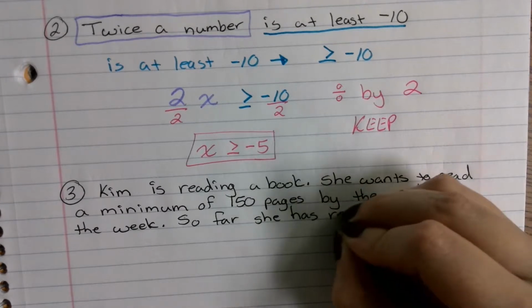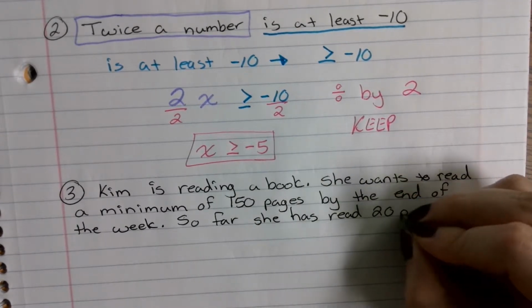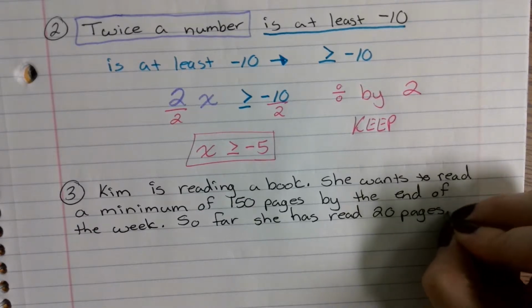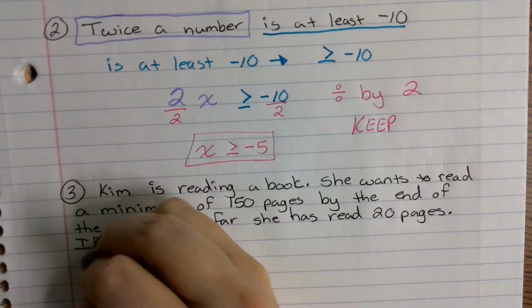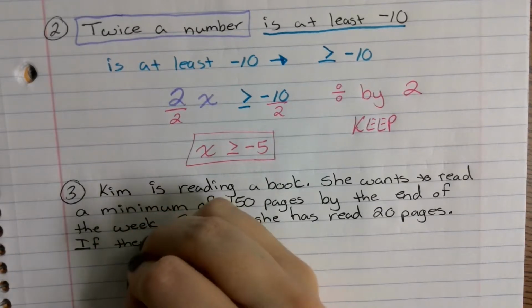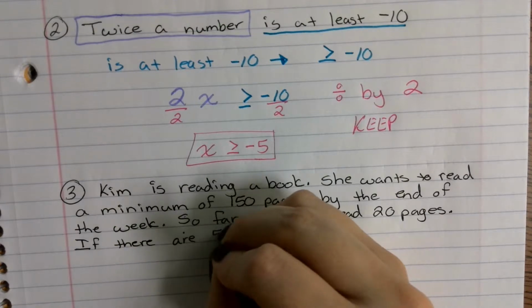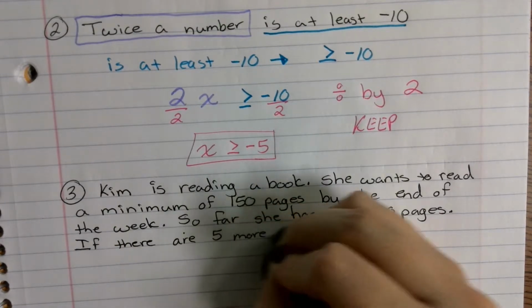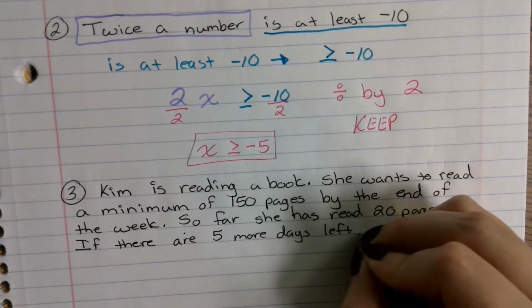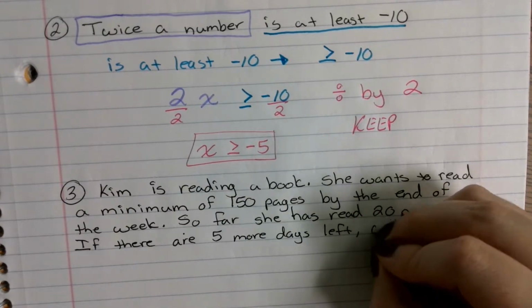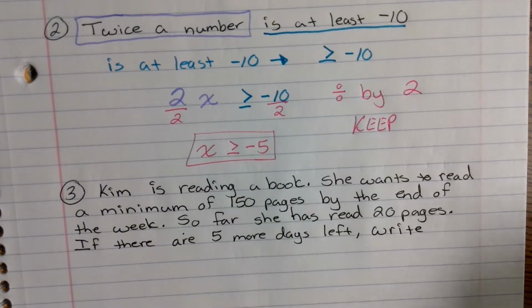So far, she's read 20 pages. If there are 5 more days left, write an inequality to represent how many pages per day she needs to read.